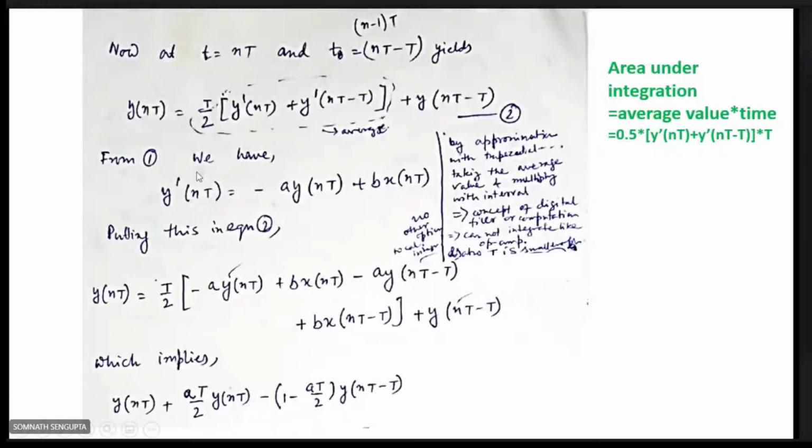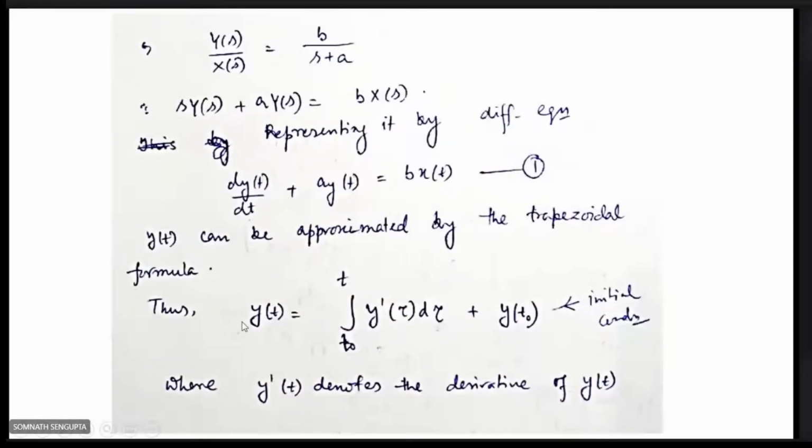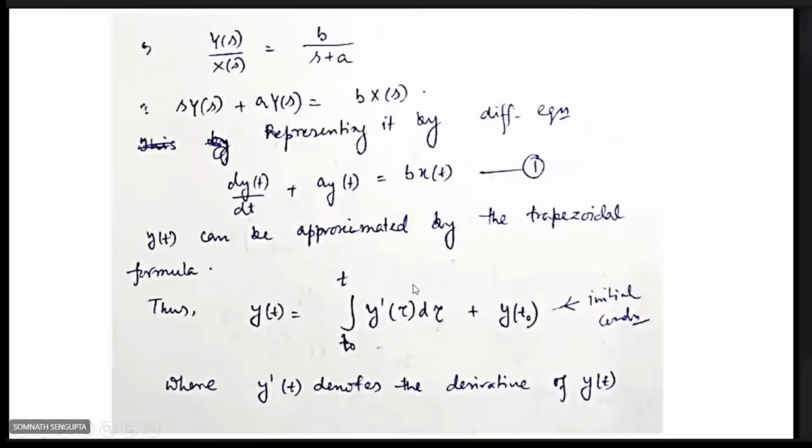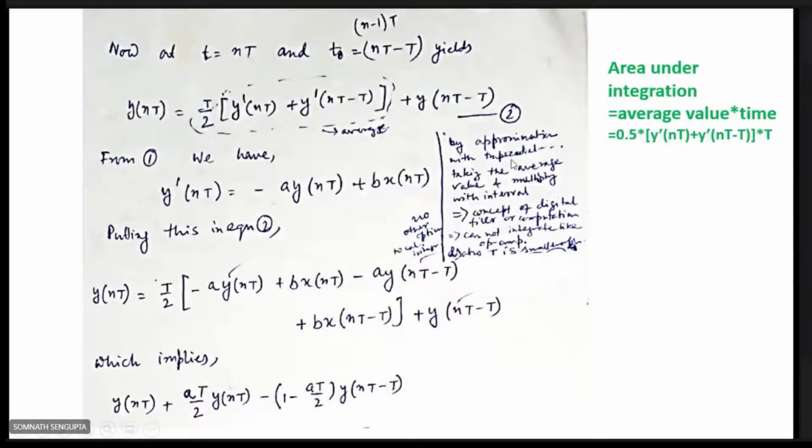So from this equation we write y of nT equal to this integration. How is it evaluated? Integration means the area under the curve. You see I have written in the right hand side a small note, that taking the average value and multiplying with the interval.